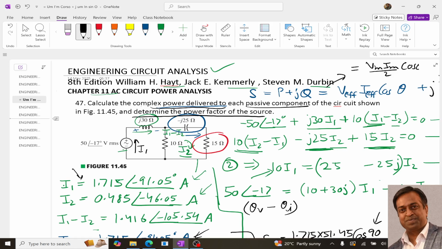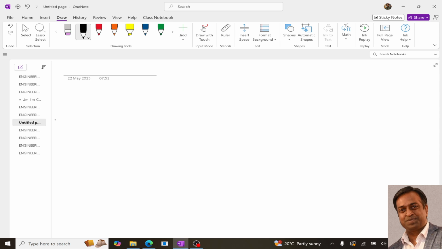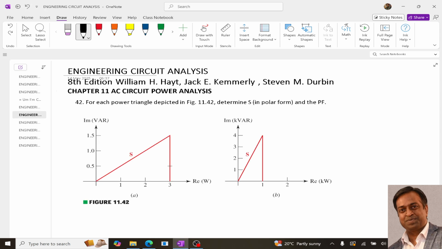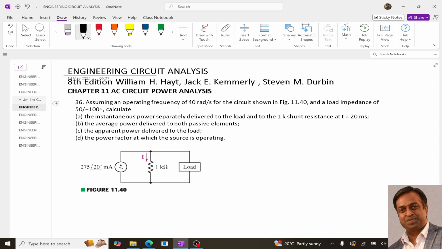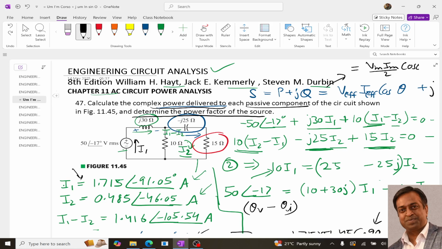What is power factor? Power factor is cos theta. And what is theta? Theta is the angle between the voltage and the current, with voltage leading the current. So it means phase of voltage minus phase of current. So over here, the phase of voltage is minus 17 and the phase of current is 91.